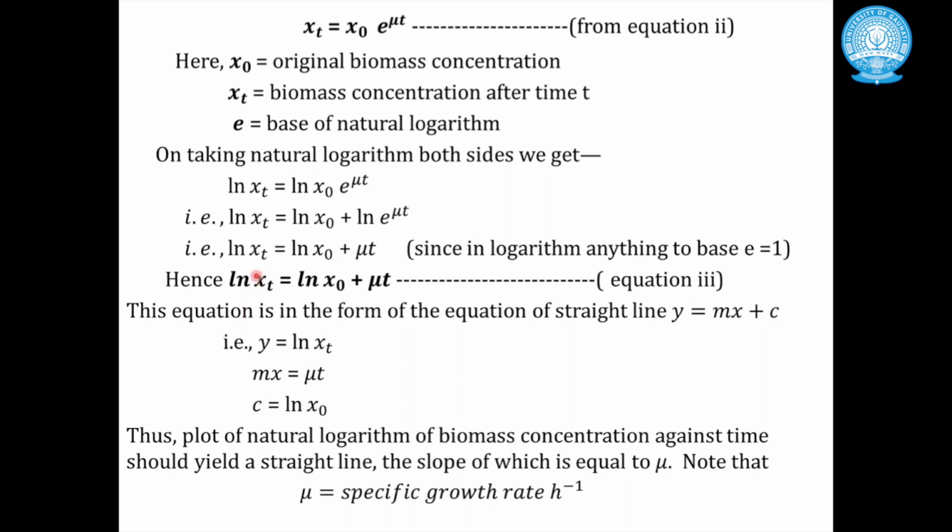So y equals ln xt, and mx equals mu t. Thus a plot of natural logarithm of biomass concentration against time yields a straight line, the slope of which is equal to mu. So mu is nothing but the specific growth rate per hour of the microorganism.